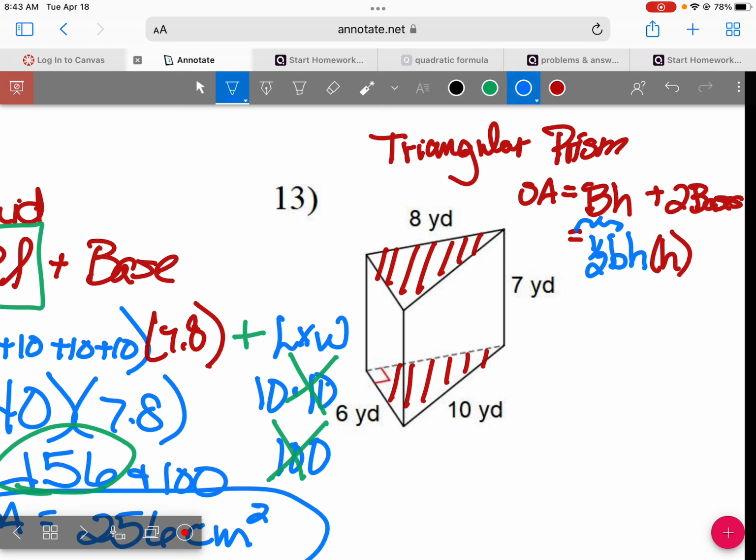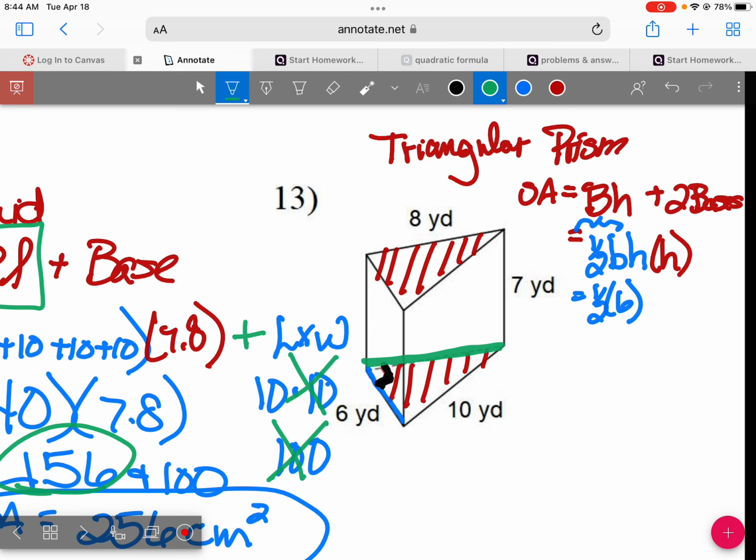Okay. So 1/2 times the base of my triangle. Well, I want my base and my height to be perpendicular, and I see that little perpendicular thing right here. So I'm going to make 6 my base. And what is this height? Do we know what this height is? Or do I have to use Pythagorean theorem to find it?